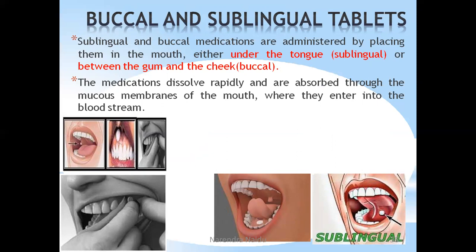These tablets will dissolve rapidly and can be absorbed through the mucous membrane, entering into the bloodstream very fast, and it will show its effect. So based on the position, if you place it under the tongue, they are called sublingual tablets. If you place it between the gum and the cheek, they are called buccal tablets.